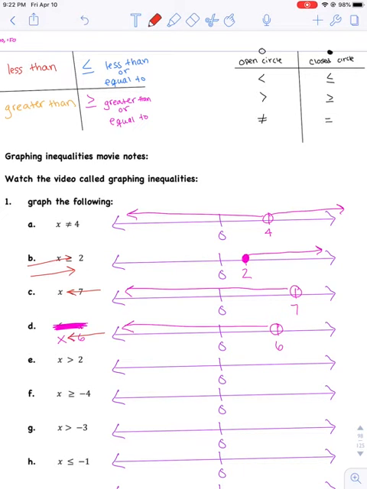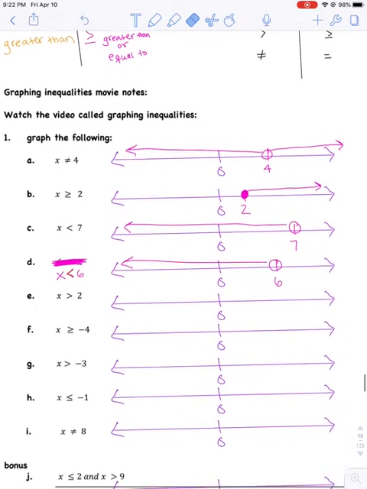B's arrow points to the right, and that's how the arrow in the picture looks in our answer. C's arrow points to the left, and when we graphed it, our arrow pointed to the left. D's arrow also pointed to the left, and when we graphed it, our arrow pointed to the left. So that's a really nice trick so you don't have to think about it so much. But it only works if X is on the left side, which is why I had you flip question D.